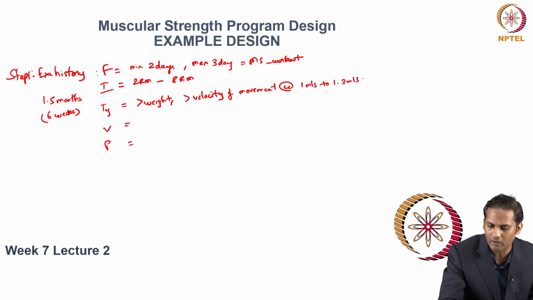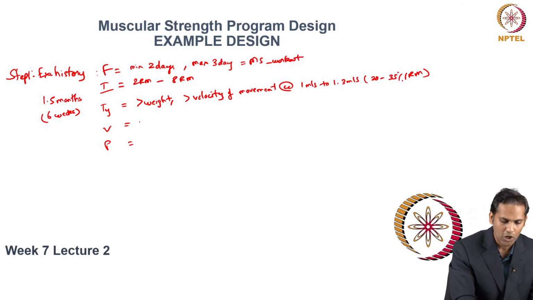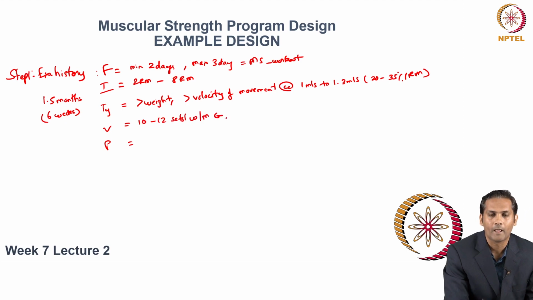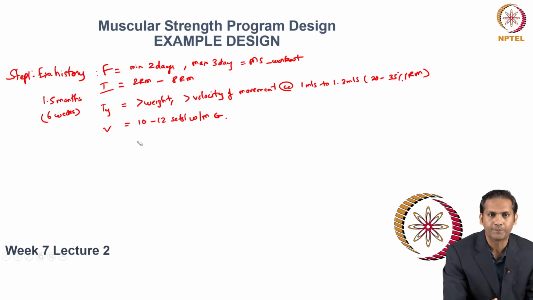So I was using a relatively lighter load to lift and move at a higher velocity. The volume that I was training was around 10 to 12 sets per week per muscle group. Okay, so you don't use the progression in this case.